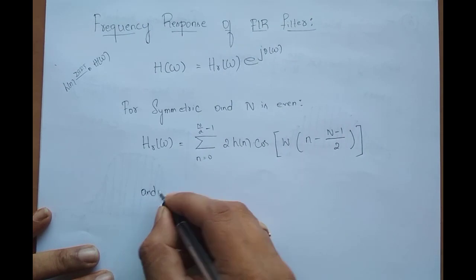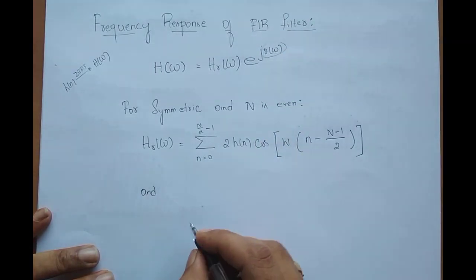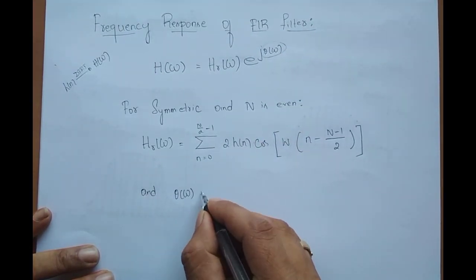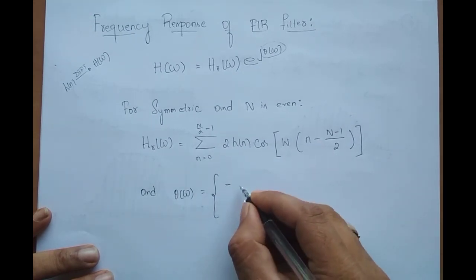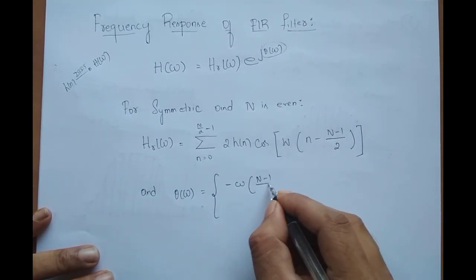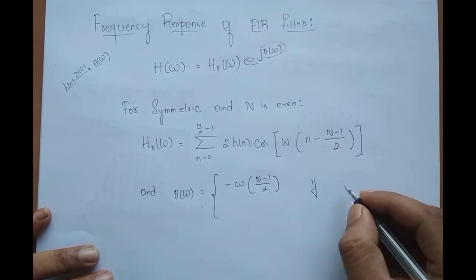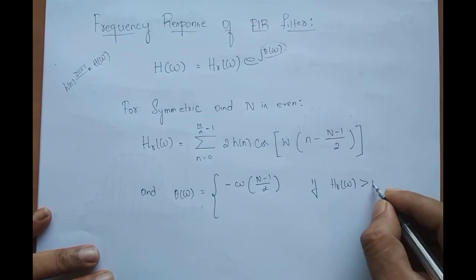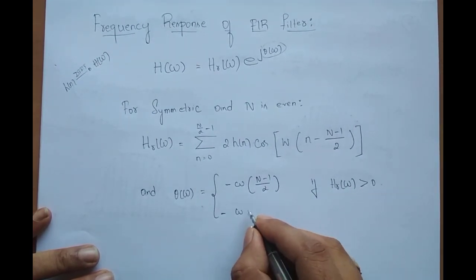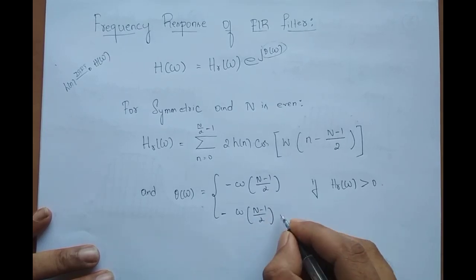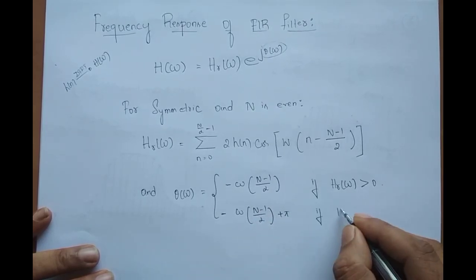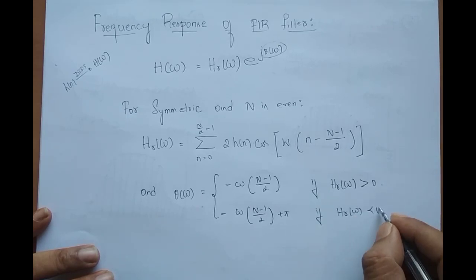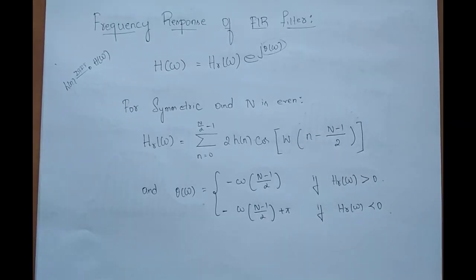And theta of omega, which is related to phase, is given by minus omega into (N minus 1)/2 if H_R of omega is greater than 0, and minus omega into (N minus 1)/2 plus pi if H_R of omega is less than 0. So this equation is for h of n symmetric and N even.